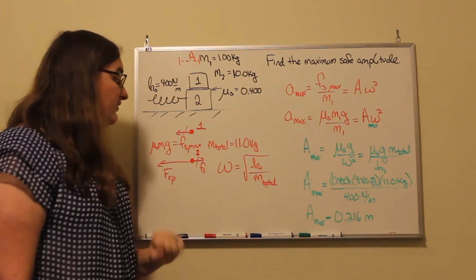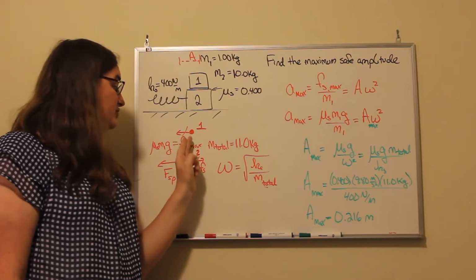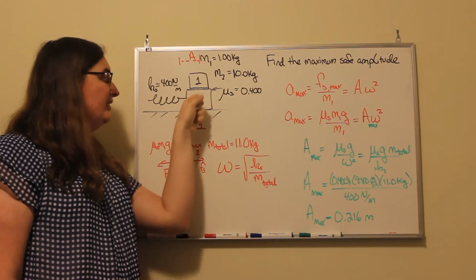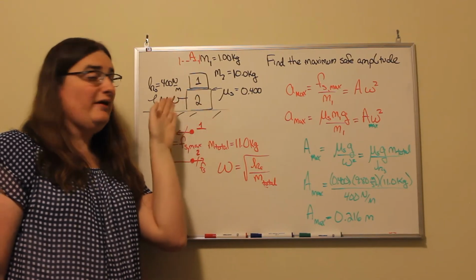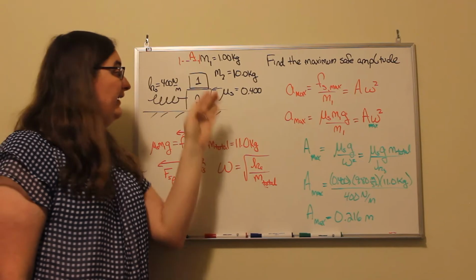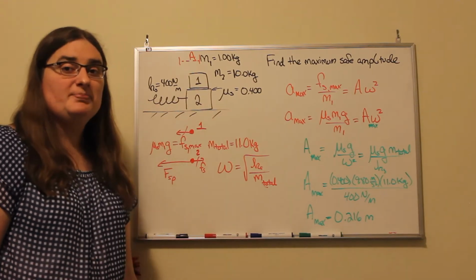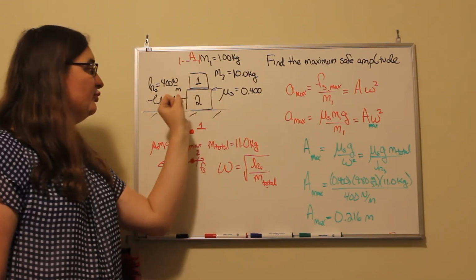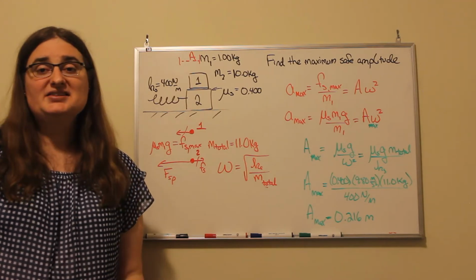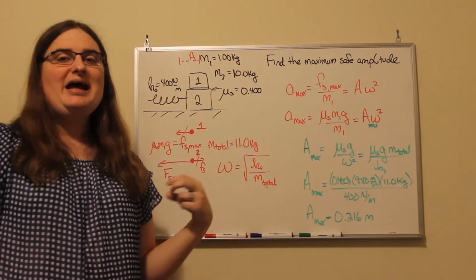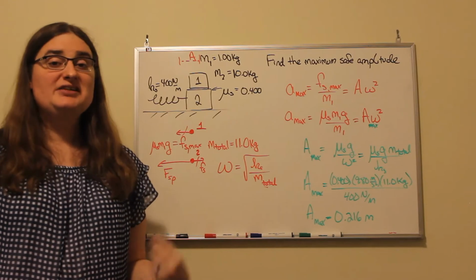Now, the one thing we do need to know looking at this individual picture is that as long as this object is horizontal and level and its top is flat and there's nothing else acting on that first mass, then the normal force between those two masses should be the same as the weight of the mass on top.